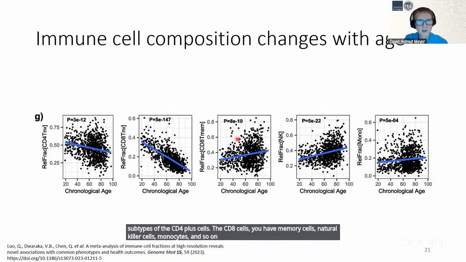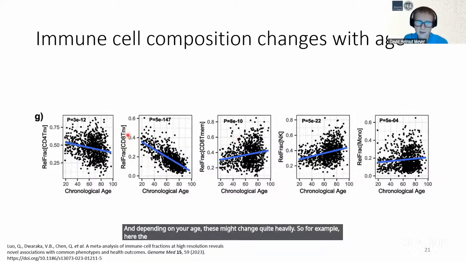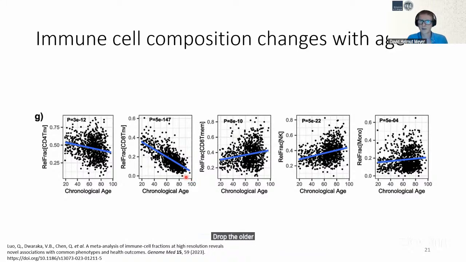And depending on your age, these might change quite heavily. So for example, here the naive CD8 T cells, you can see they're quite common in younger people, but they completely drop the older you are. And then there might be other cell types that increase their fraction.